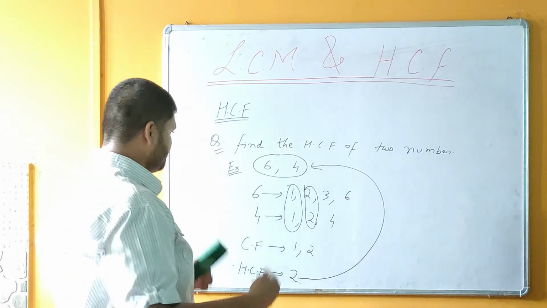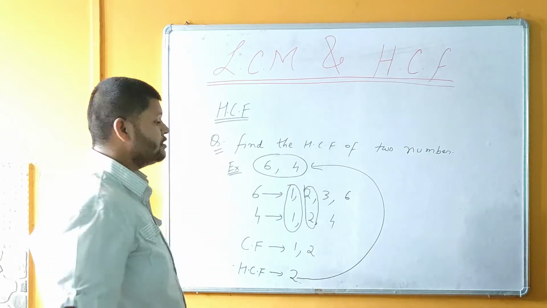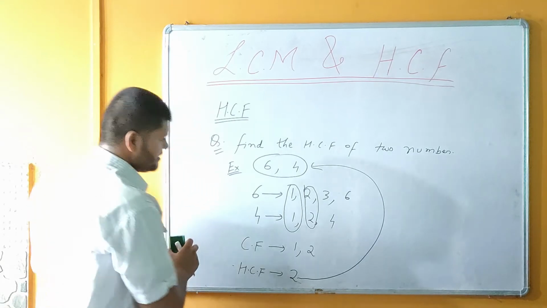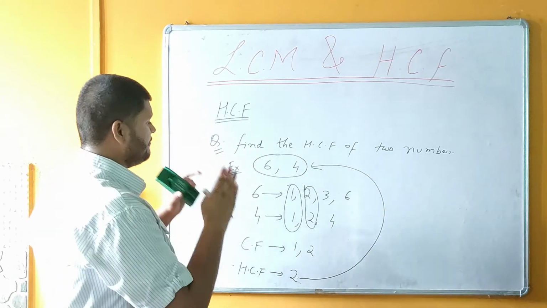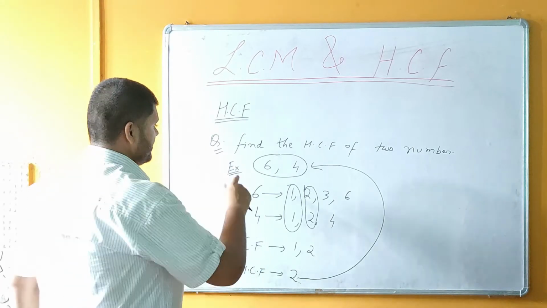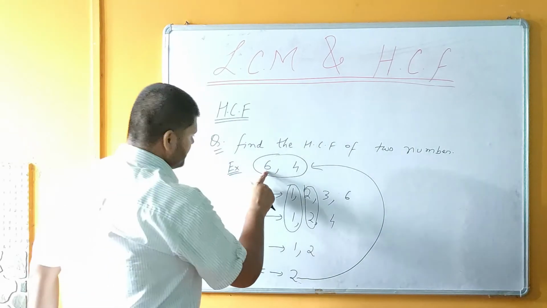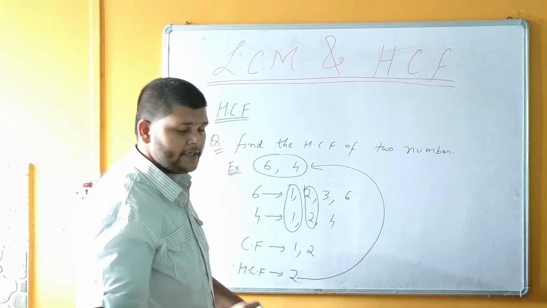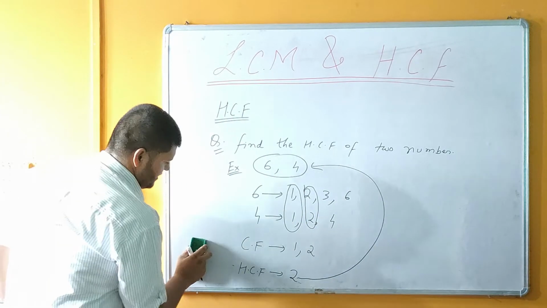And one more, here I am going to give you some points regarding highest common factor. I am erasing this. In this way only you can find out the factors for any number of given numbers. So here the given numbers are only 2. You can take even more than 2. Okay, I am erasing this.